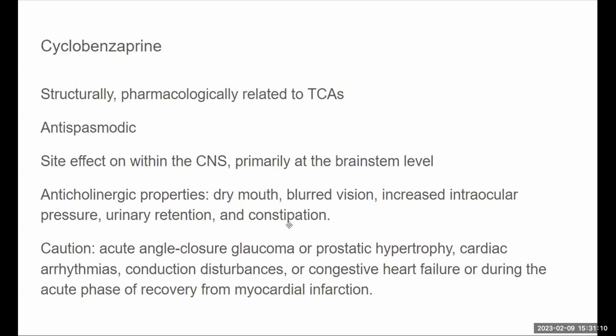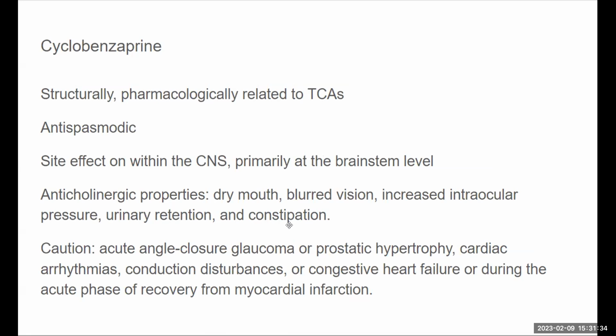Cyclobenzaprine is related to TCAs, an antispasmodic. Since it is structurally related to TCAs, all the effects are anticholinergic, same as TCA, like amitriptyline. You would get the same dry mouth, blurred vision, urinary retention, constipation.